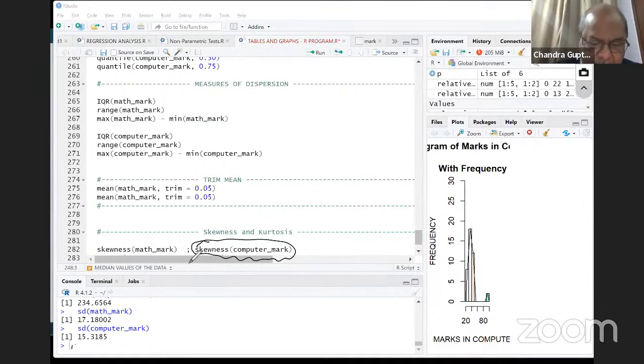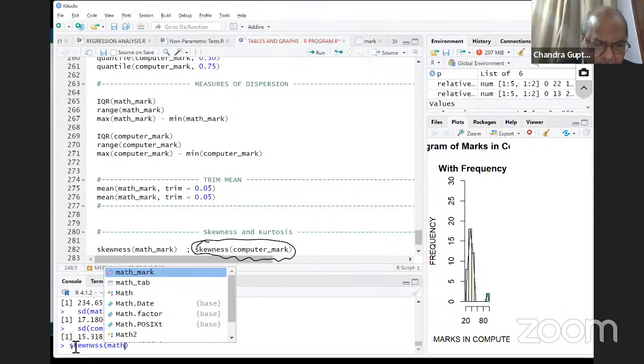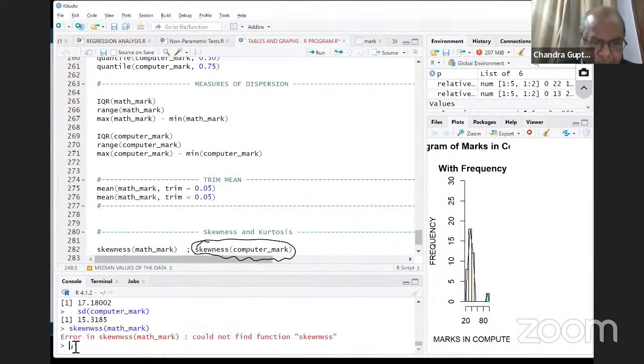If I want skewness, I simply type skewness of maths marks.